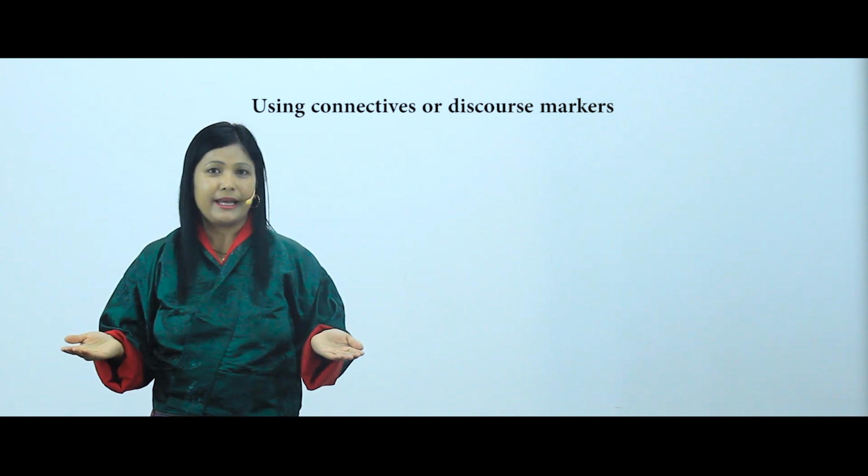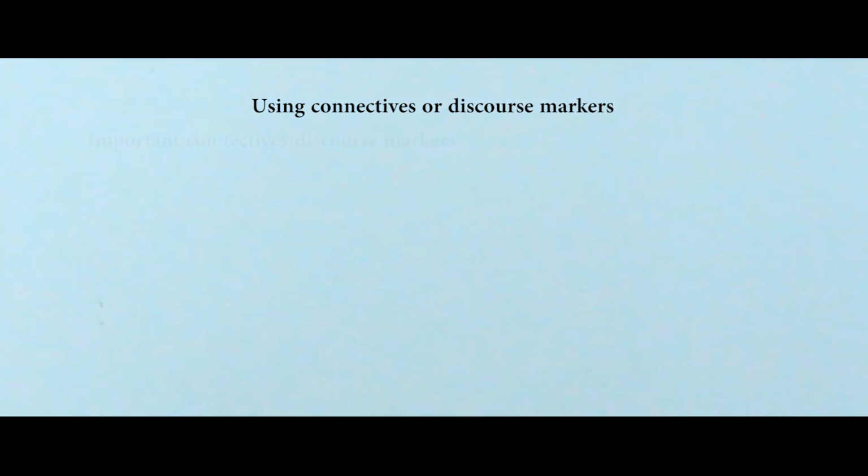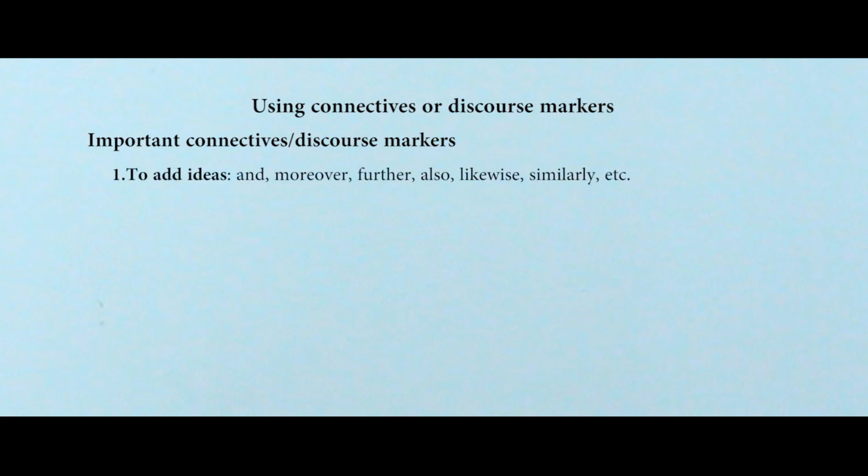How can you make that? With the help of discourse markers or connectives. So what are these connectives? First one, if you would like to add ideas, you want to connect the ideas together, you may use words like and, moreover, further, also, likewise, similarly, etc.